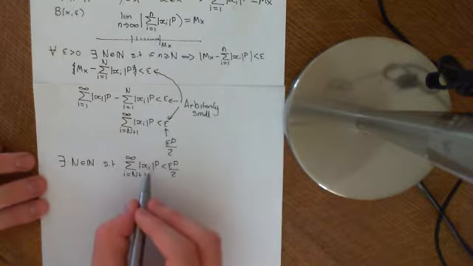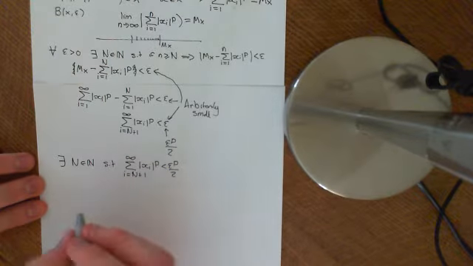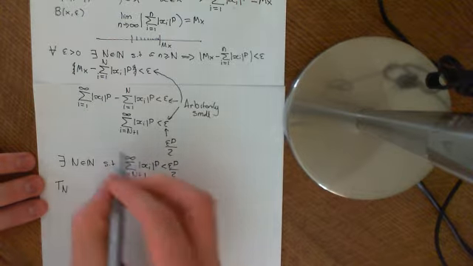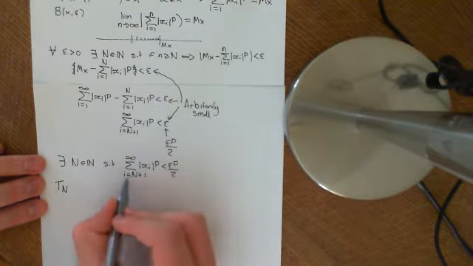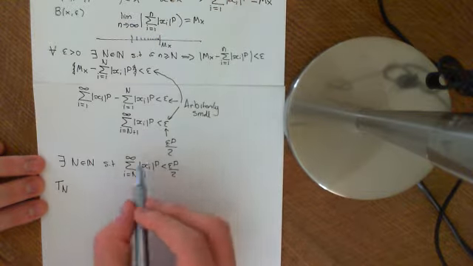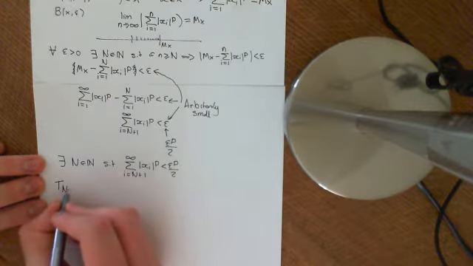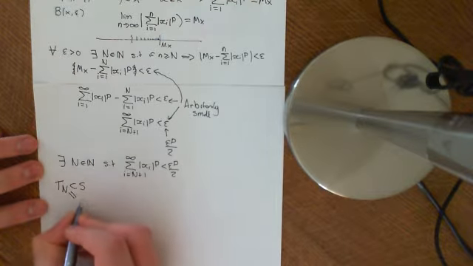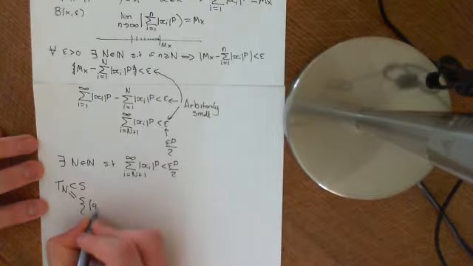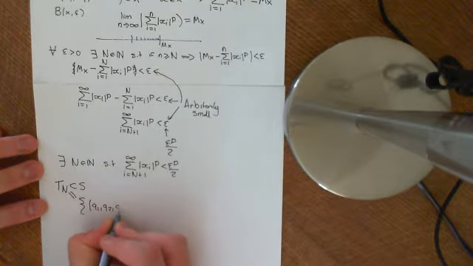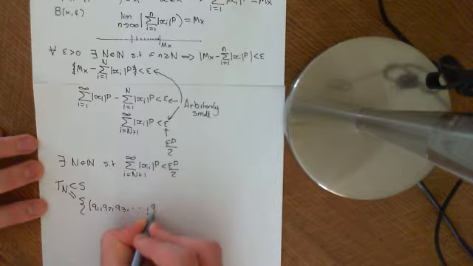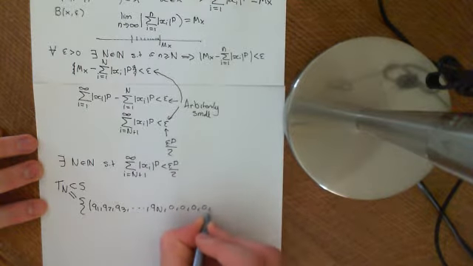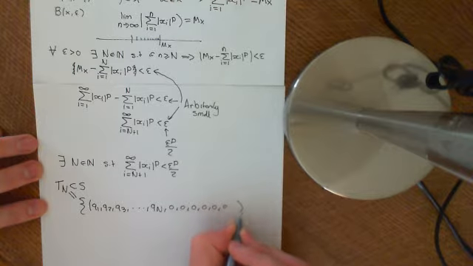And the reason this is interesting is because if I now consider the set T big N, where this big N is the same big N that I found, which was specific to the sequence x. The set Tn, which we know is a subset of S, was the set of all sequences q1, q2, q3, all the way up to q big N, and then zeros after that.